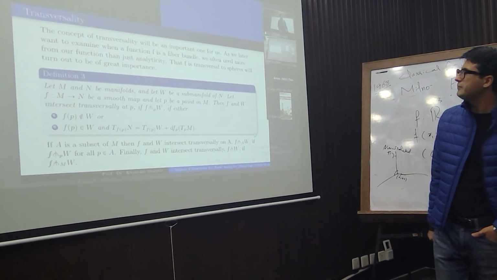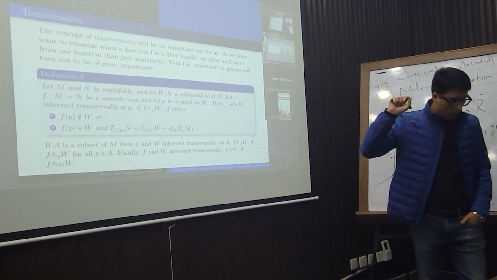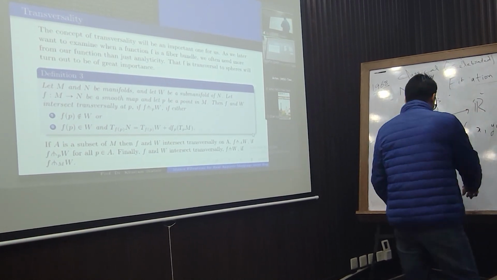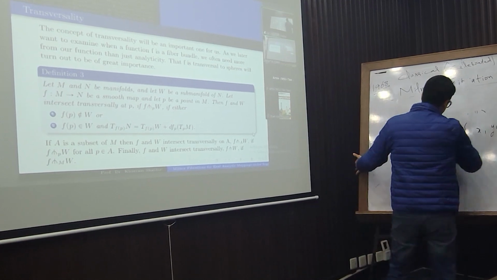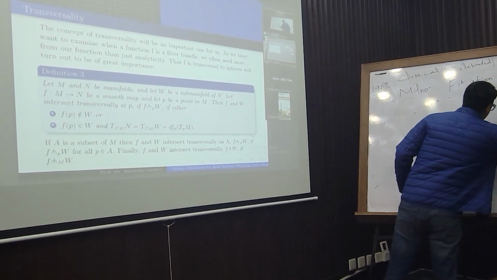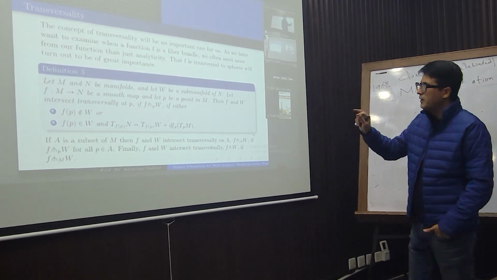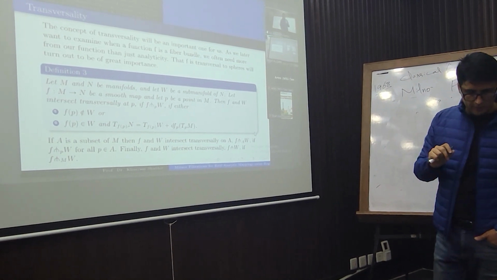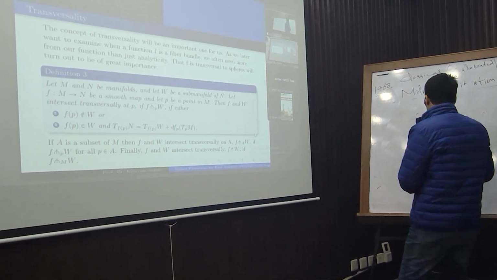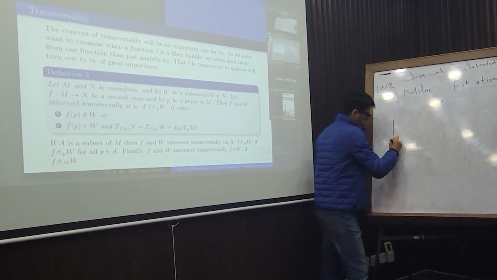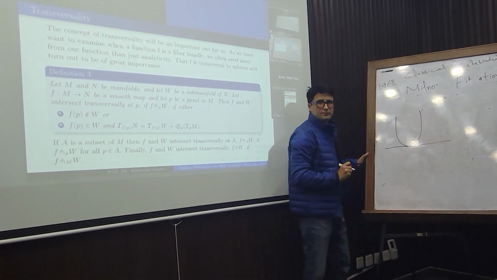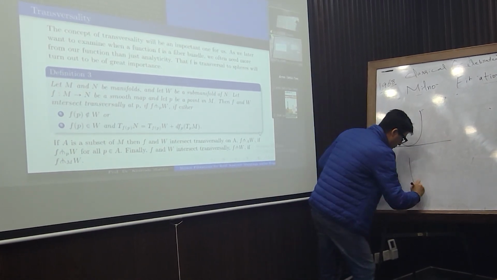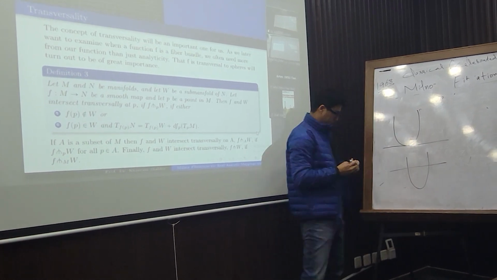Next please. The next important concept is transversality. So what is transversality? For instance, if I give you two pictures here, one is this one and another picture is this one.